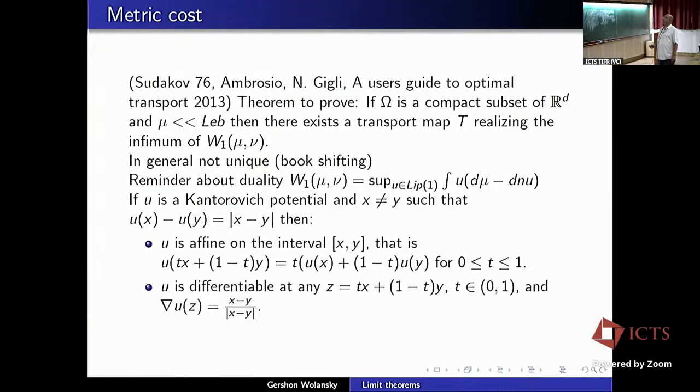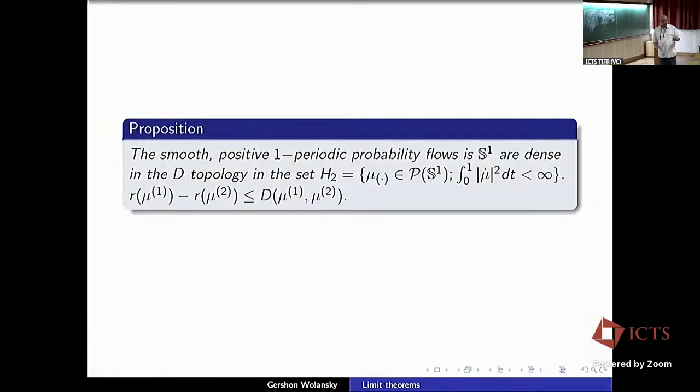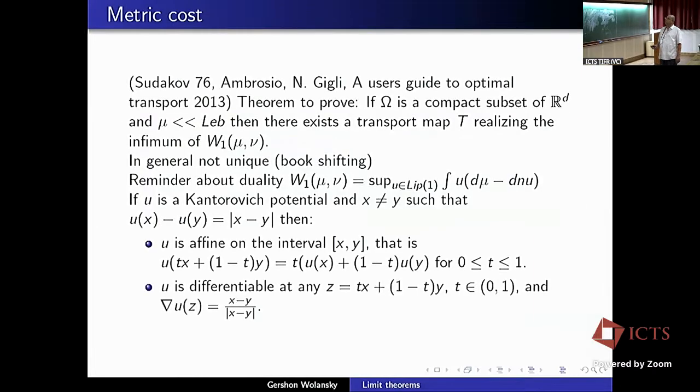Okay. So this concludes our discussion on the one-dimensional transport, and I want to return to the general dimension, but say something on the case of a metric cost.